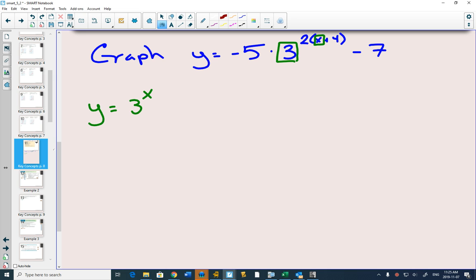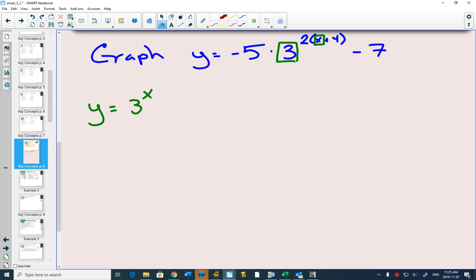And what makes doing your transformations with exponential functions a tad bit more difficult is you get tempted by that 3 to do things you're not allowed to do. Some people think that 3 should be another vertical stretch. It's not. It's part of your regular graph. It does not affect any transformations.